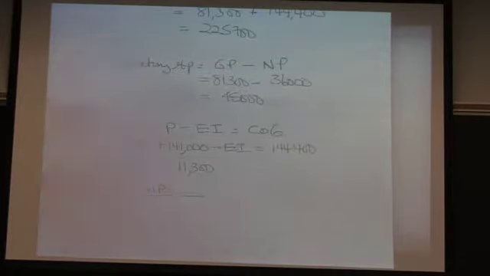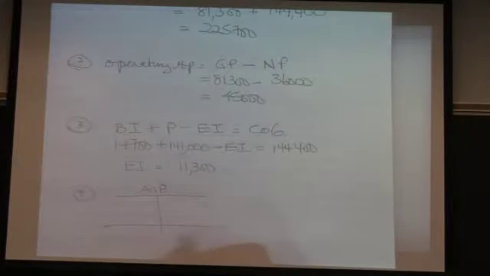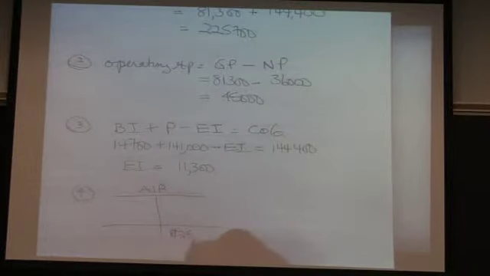We do know that the accounts payable ending balance is 125,000. Now we don't know the beginning balance. So this is number 7.